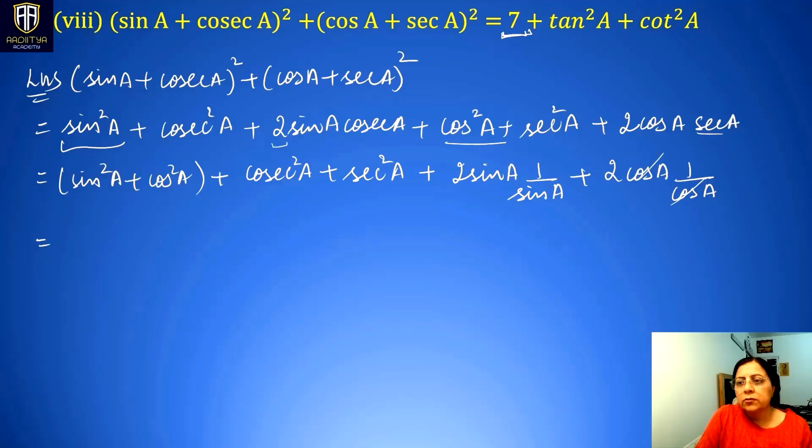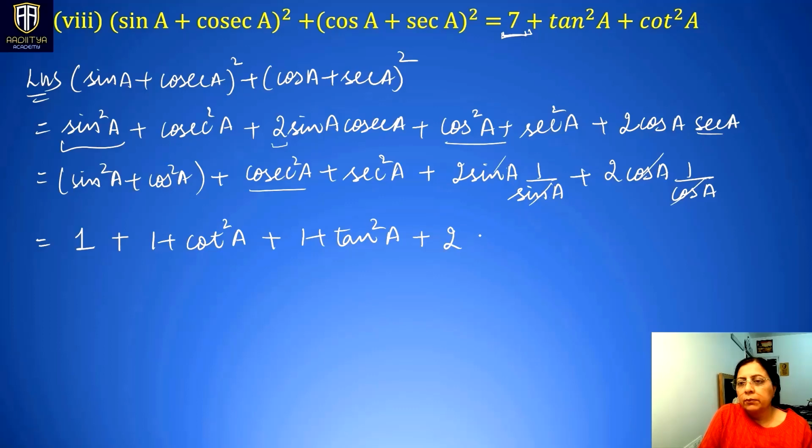This cos A gets reduced, sine A gets reduced. This sine square A plus cos square A is 1. Cosec square A can be written as 1 plus cot square A. Secant square A can be written as 1 plus tan square A. And these sine A got reduced.